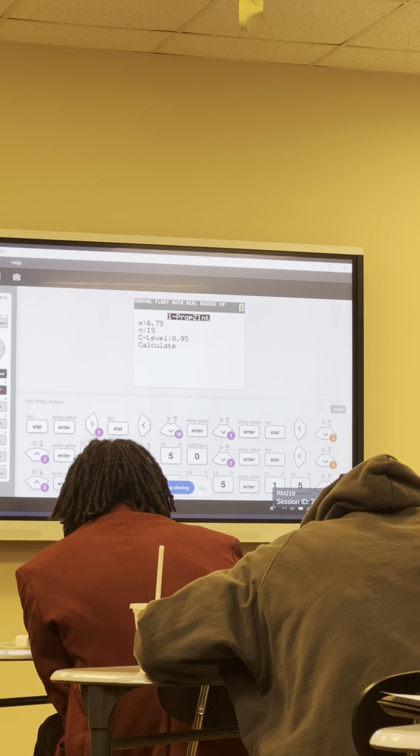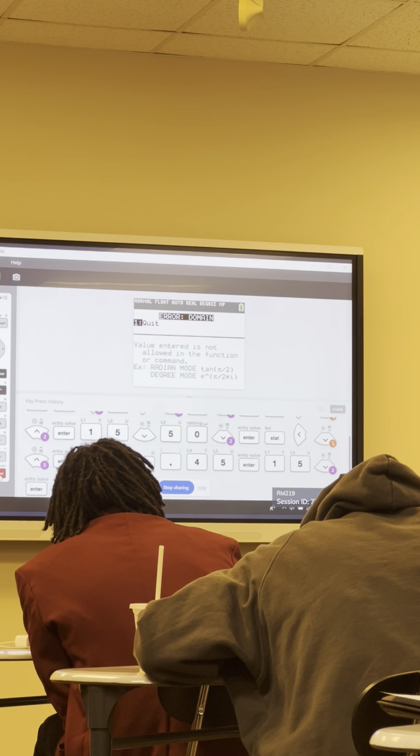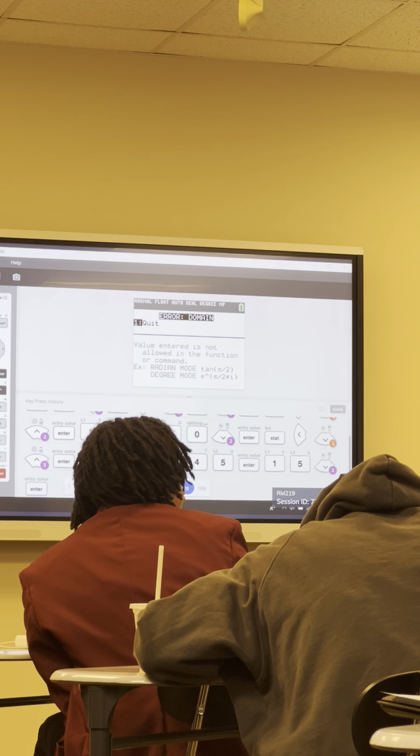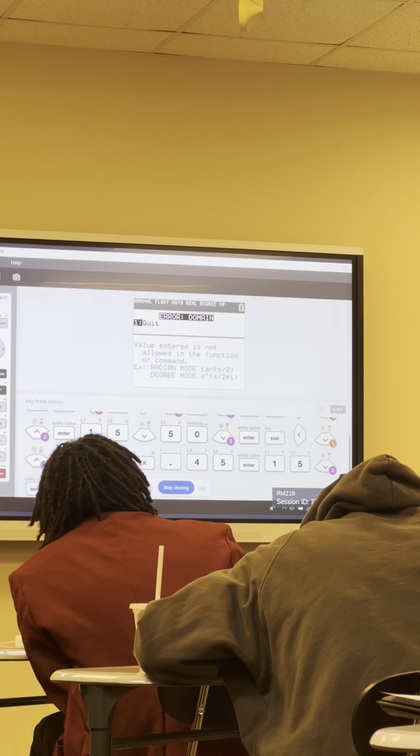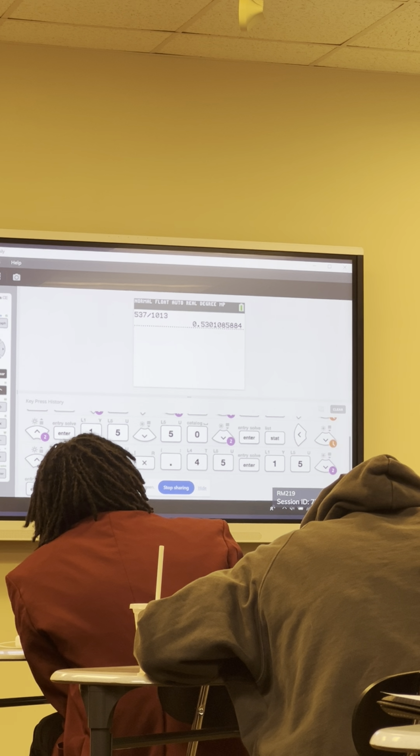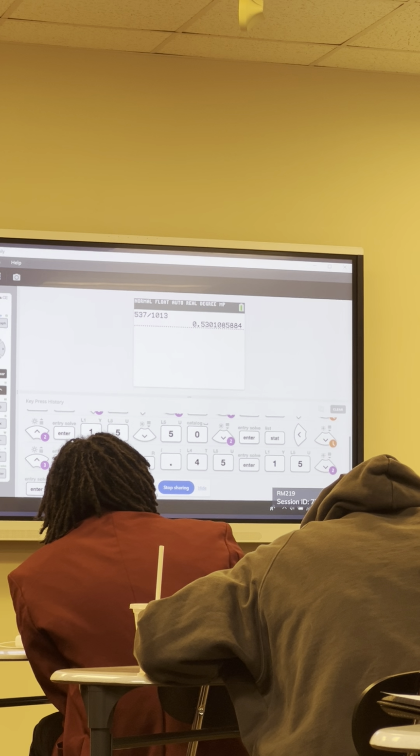You see the 6.75 on the first line? That's less than 10. You cannot do any confidence interval for that. You will see an error on the calculator. You have to say the answer is no. CI is not available, NA.